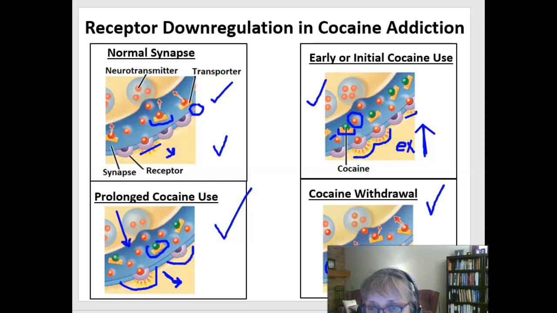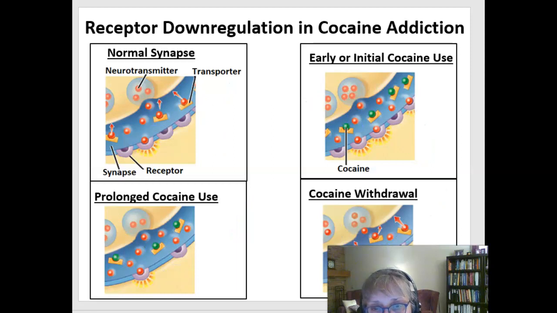But the transporters are moving the neurotransmitter back into the presynaptic neuron. That means you have less neurotransmitter in the cleft for a lesser amount of time, and it's less likely that you're going to get binding to a receptor because the number of receptors has decreased so drastically.